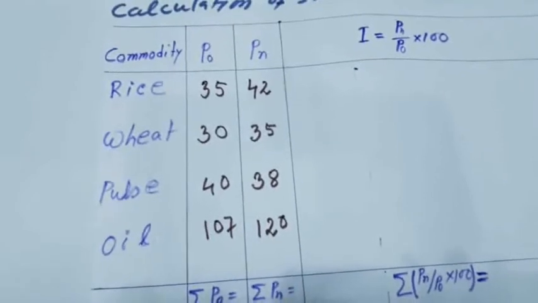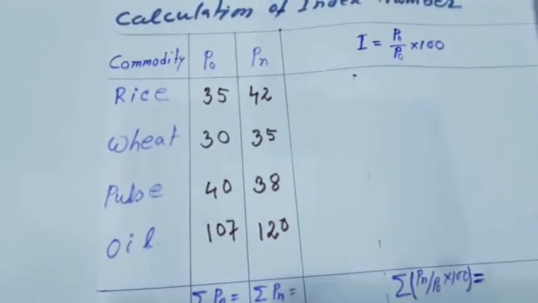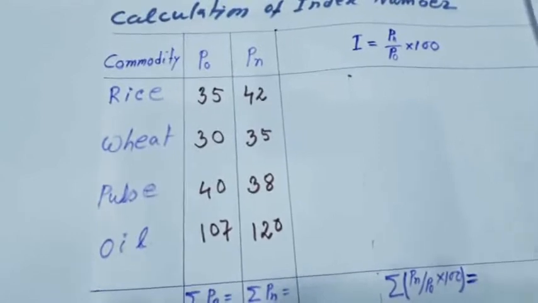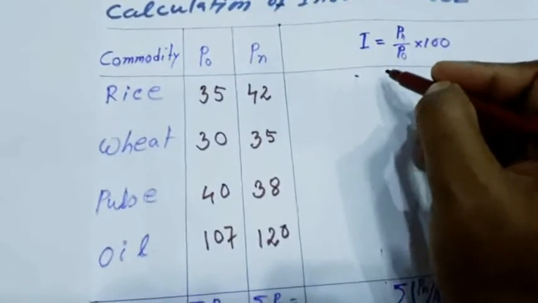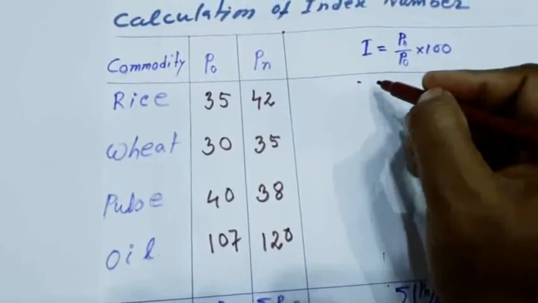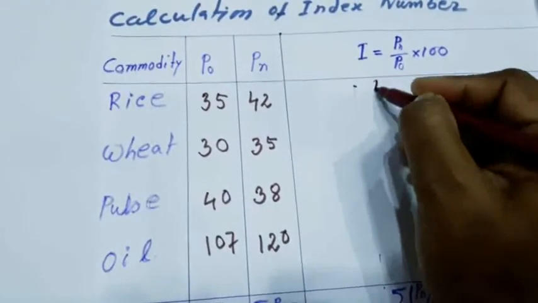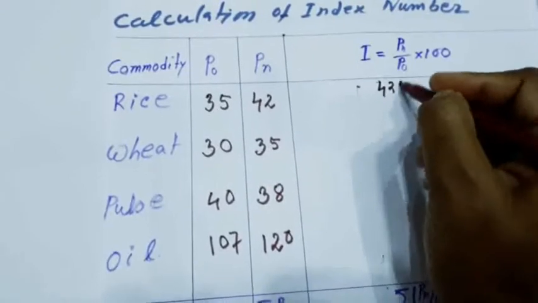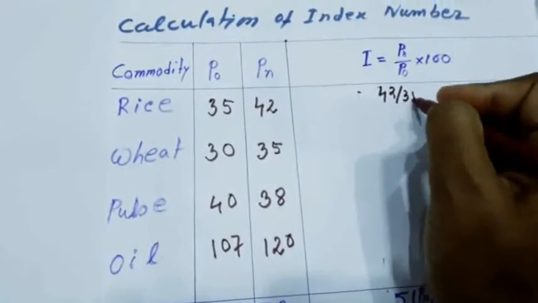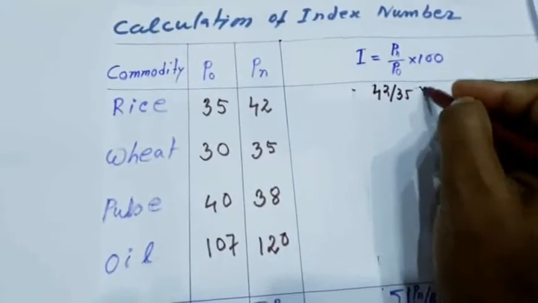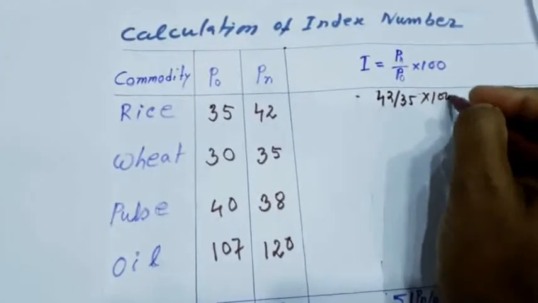Now we will calculate the price relative, and we know price relative is calculated by Pn by P0 into 100. In first case, Pn is 42 by 35 into 100.